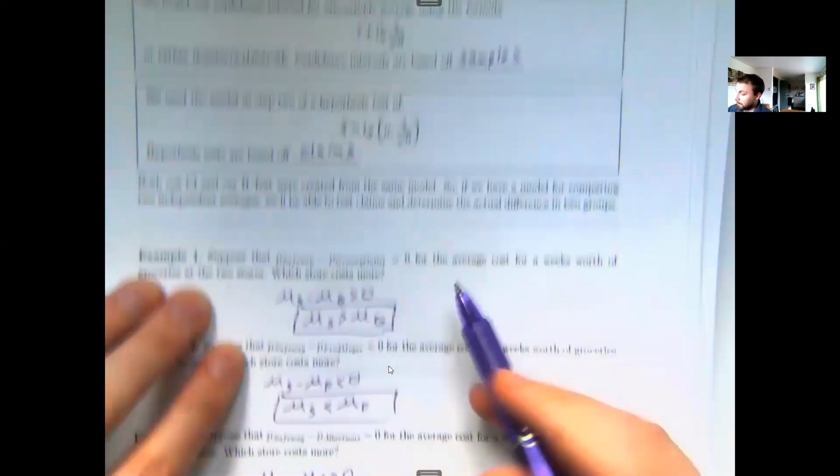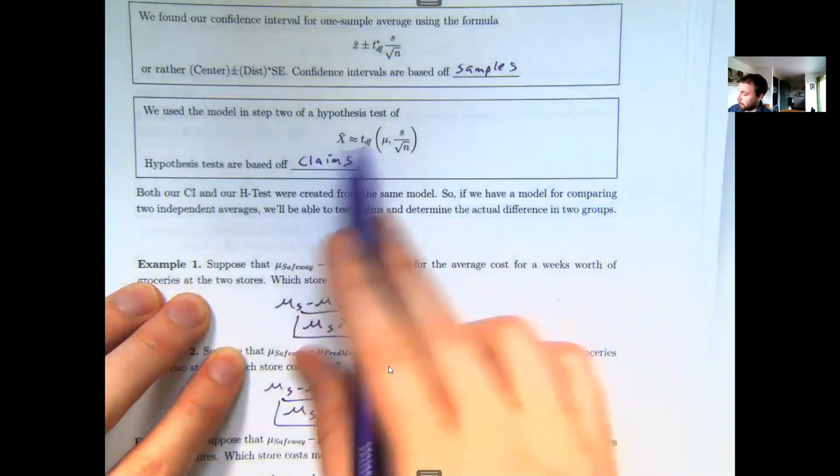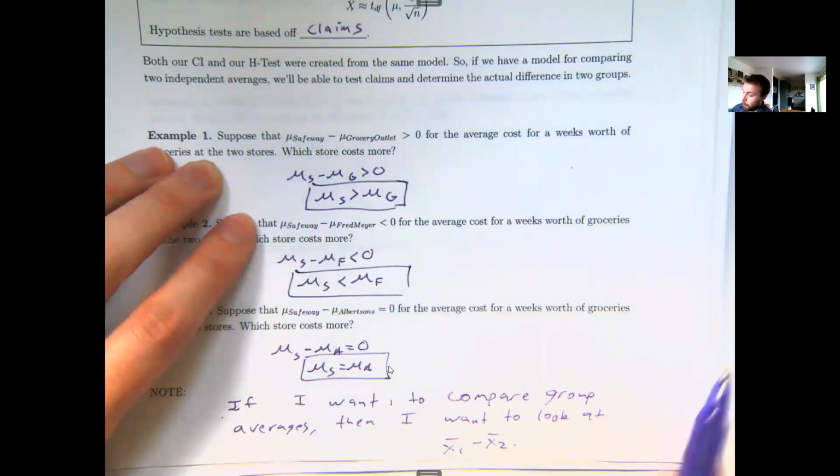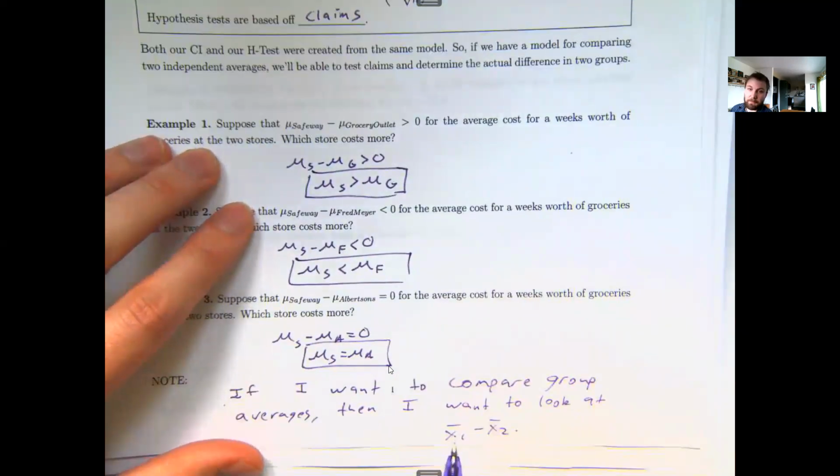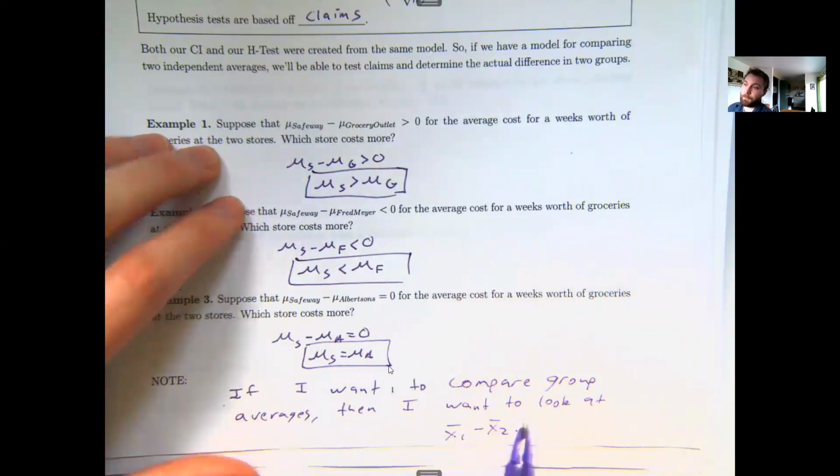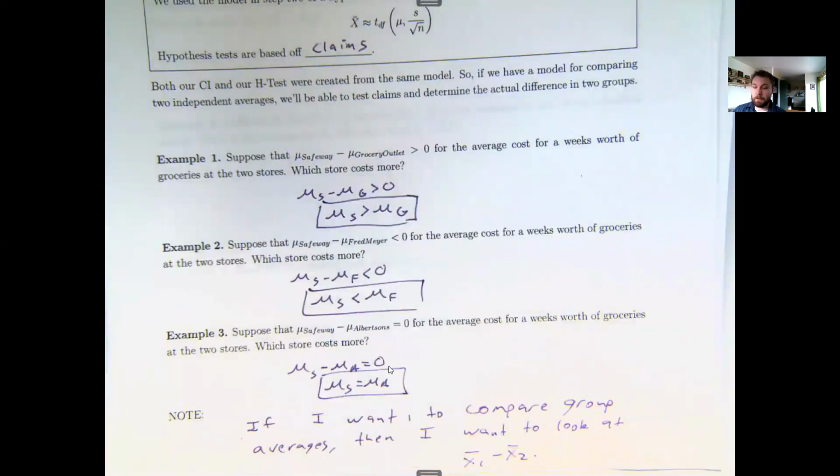Previously I had a model that looked at a single x bar. My goal for this lesson is to find a model that looks at the difference of two x bars, an x bar 1 and an x bar 2.